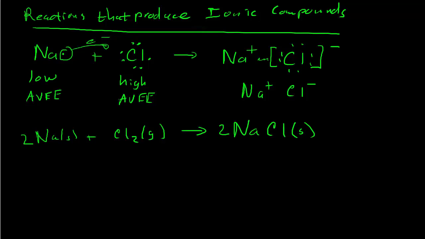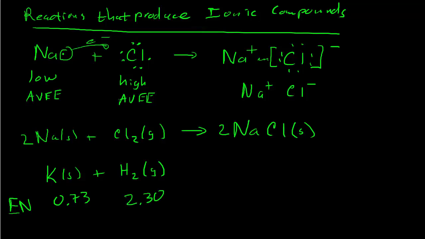Another example, we can look at the reaction between potassium, solid, and hydrogen gas. What we know about the electronegativities of these two, which are related to the AVEEs, is that the electronegativity of potassium is 0.73, and the electronegativity of hydrogen is 2.30. So in the tug of war for electrons, hydrogen wins. It's a lot stronger. And so hydrogen is going to actually take that electron and form the hydride.